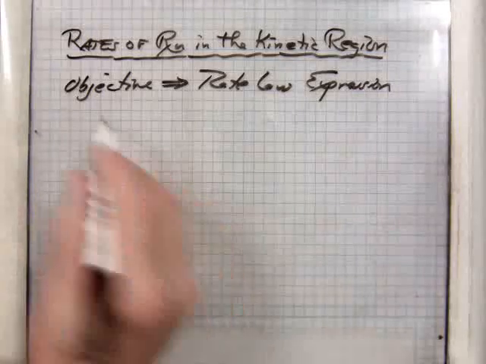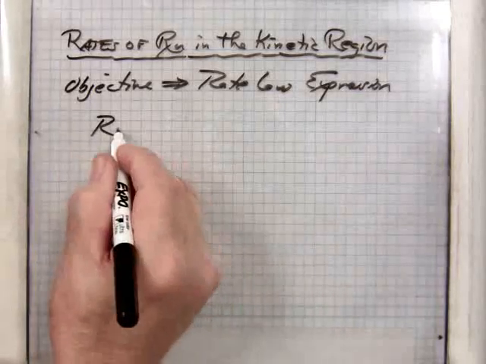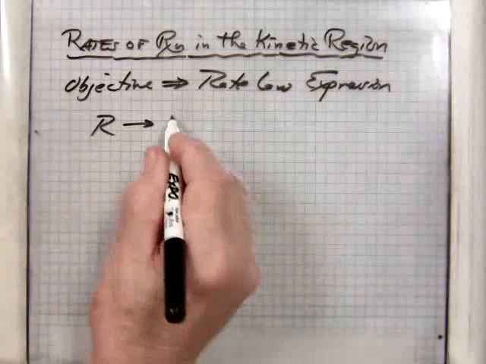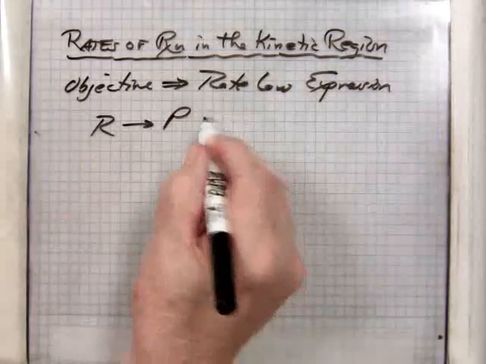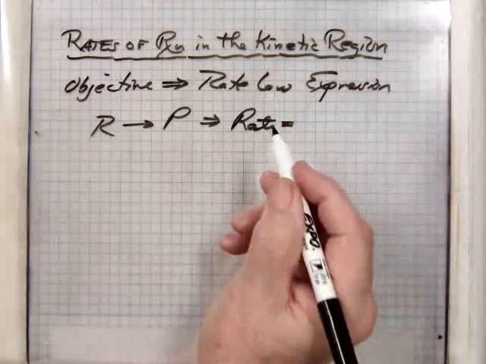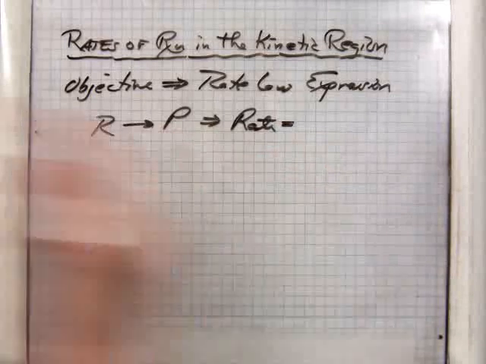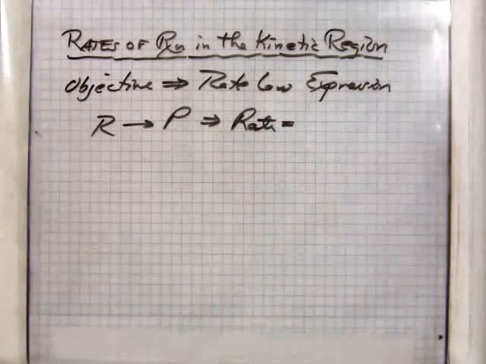So if I have a reaction going from reactants just going to products, what I would need to do is say rate of this reaction is equal to the concentration of the reactants times some whatever other parts that are in.